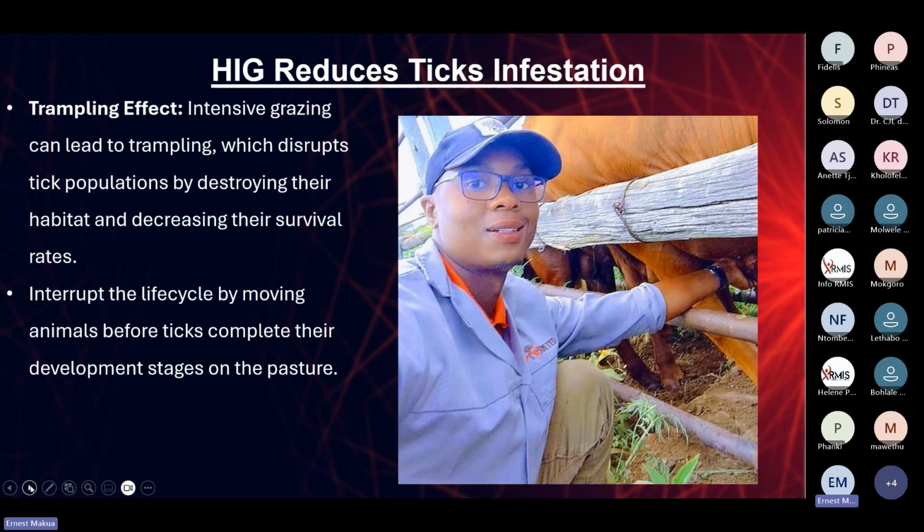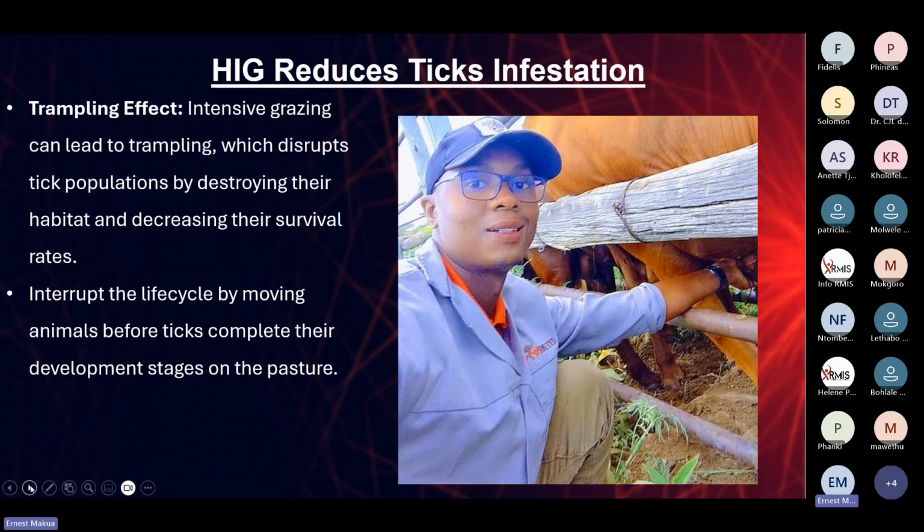This is very telling, meaning if you're using the high intensity grazing system, chances are you're going to have lesser tick infestation. The farmers I've spoken to told me that since they implemented high intensity grazing, they don't dip, because the trampling effect interrupts the life cycle of ticks by moving animals before ticks complete their development stages on the pastures.